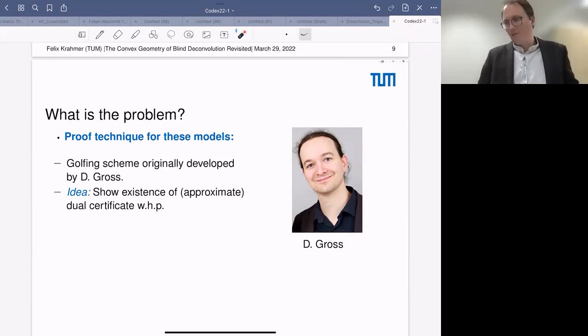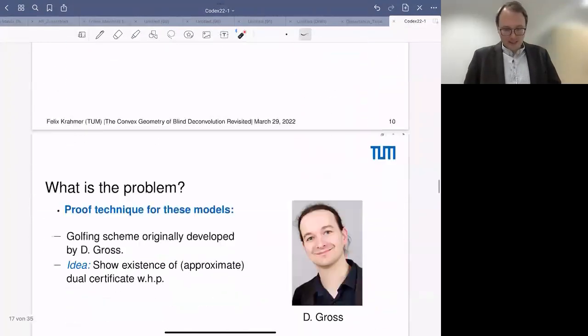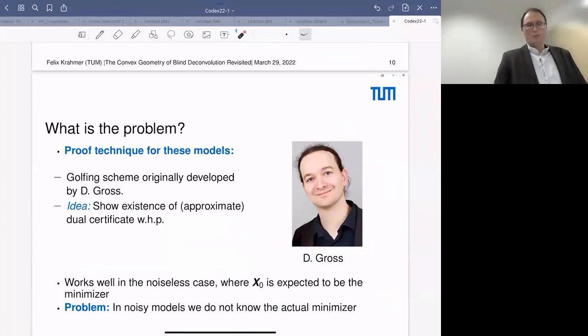A number of people believed that part of the problem was the proof, because the proof is based on the so-called golfing scheme, originally developed by David Gross, which builds on the existence of an approximate dual certificate with high probability.